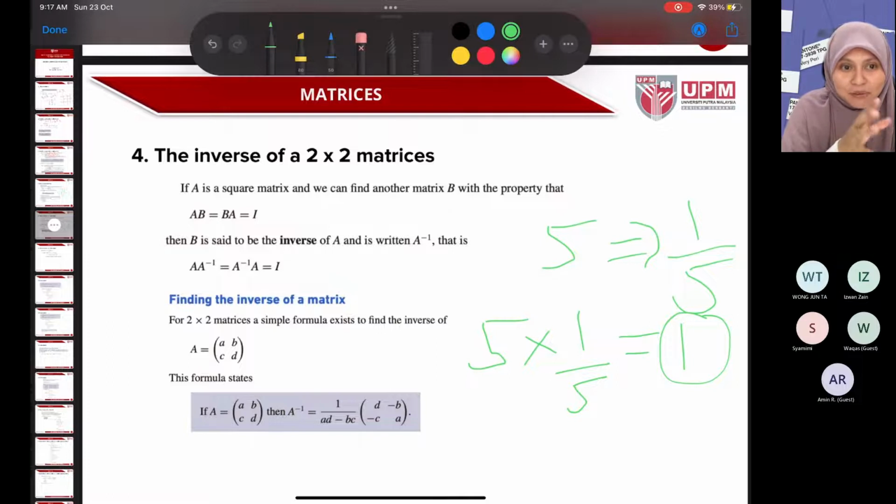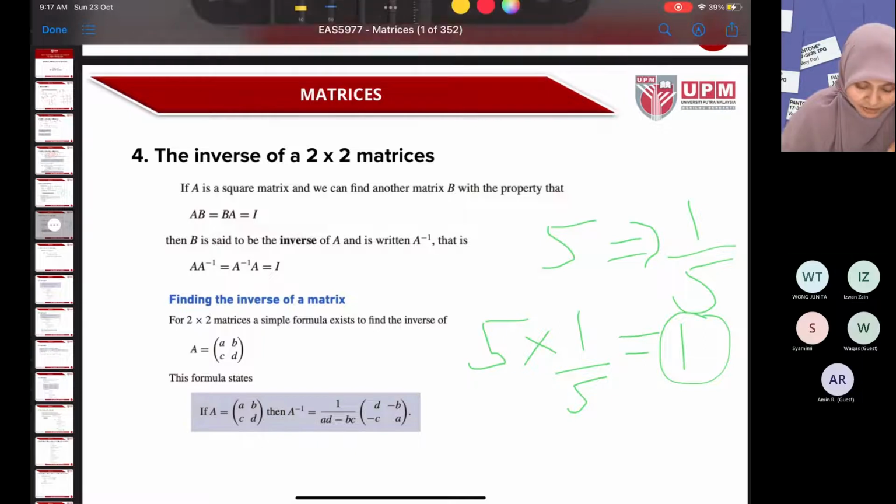So if you multiply the matrix with its inverse, you will get back the identity. So if the rule is correct, we can say that B is the inverse of A, and it's written as A with -1. We write the inverse of a matrix with the notation like that.